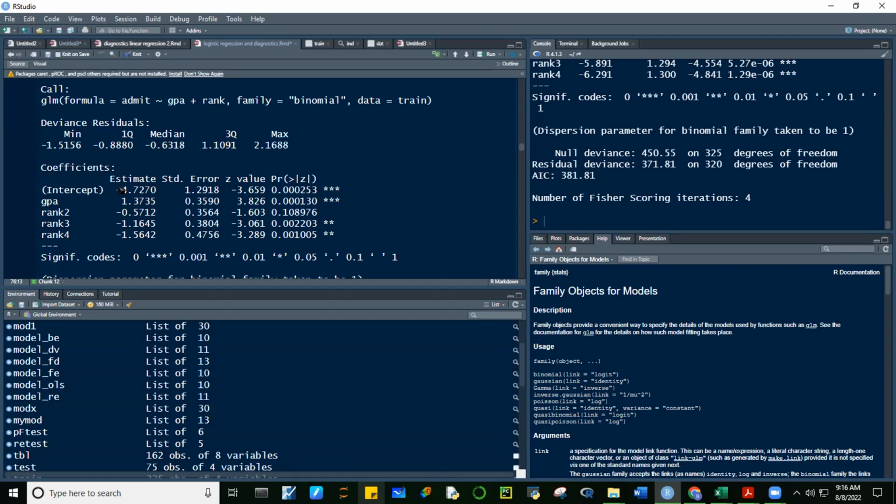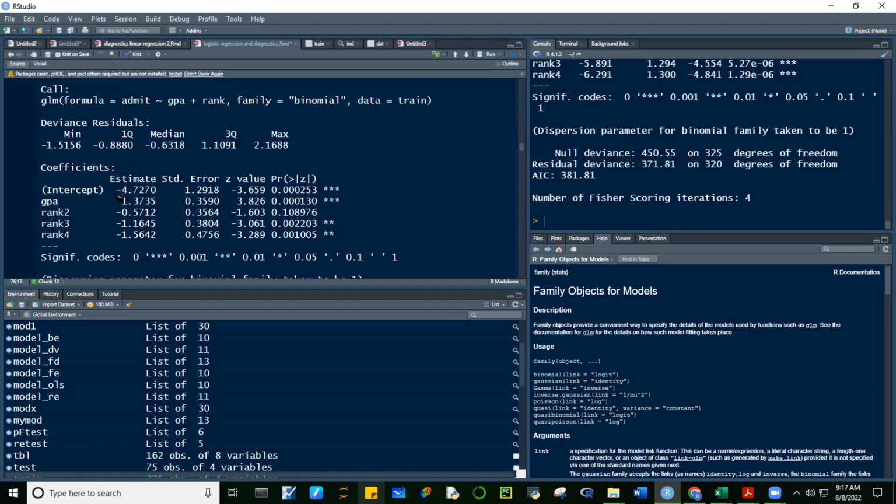Let me start with intercept. So ano si intercept? Si intercept is the value of your variable of interest, si admit, if all the parameters are equal to 0. So ibig sabihin, si GPA 0, rank 2 0, rank 3 0, rank 4 0. No? So that will be your rank 1. Di ba ganun yung interpretation niya?